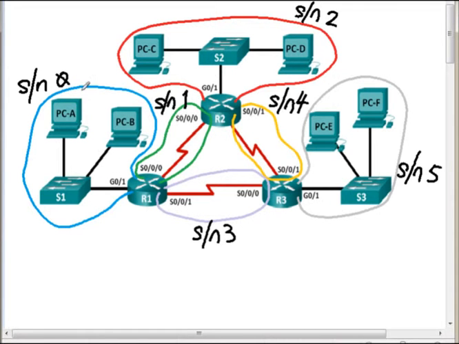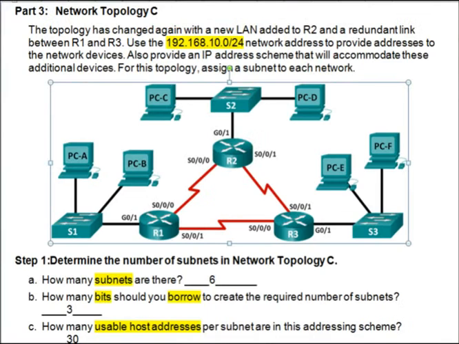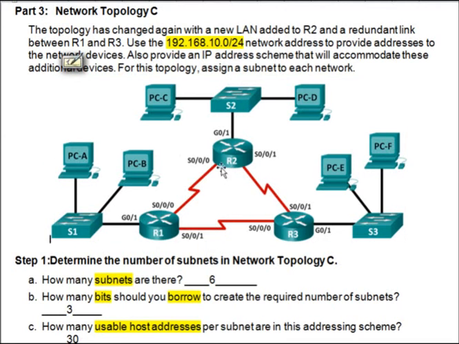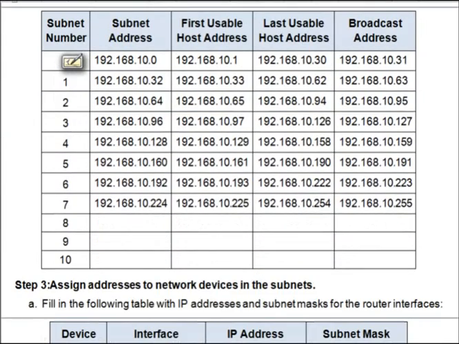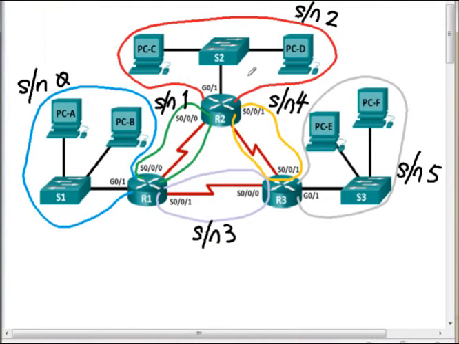Okay, so let's try to represent the addresses for the interfaces in these subnets. What we need to do is look at the table over here before we can actually subnet the addresses. So let's use the first subnet 0 for the subnet 0 bubble over here.